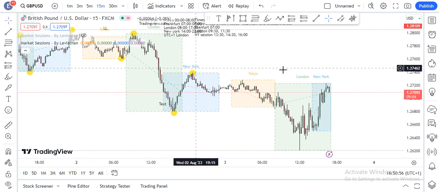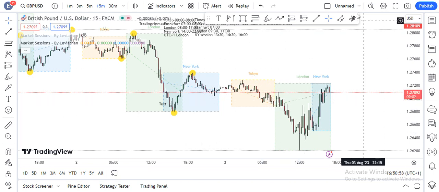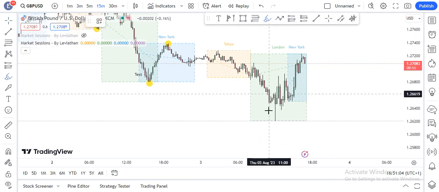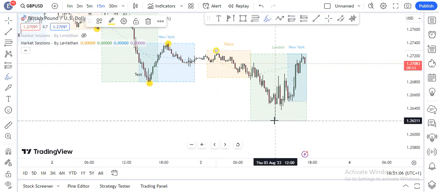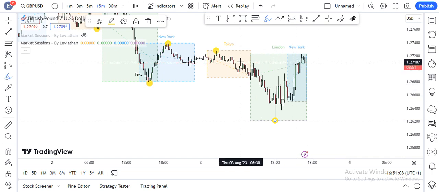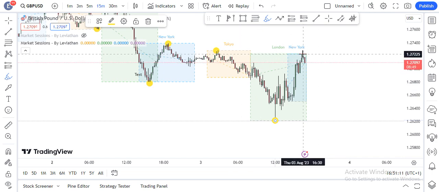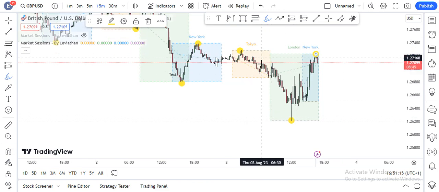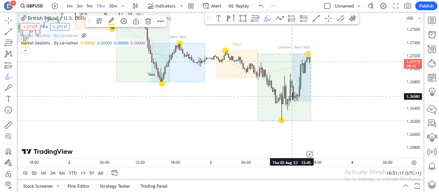So we keep making lower lows in this particular market, then here, and also right here. Now for those who trade this particular type of market structure, I want you guys to know it because it's going to be relevant in our subsequent discussions.